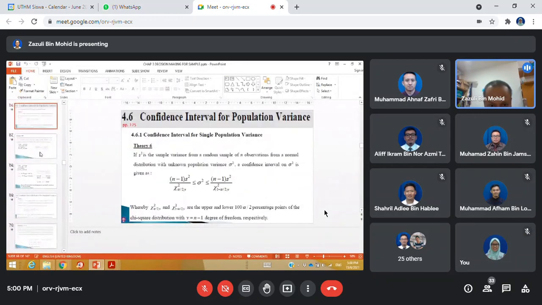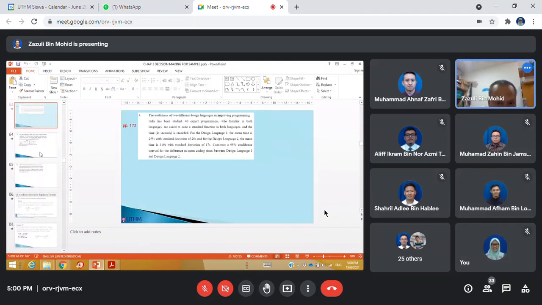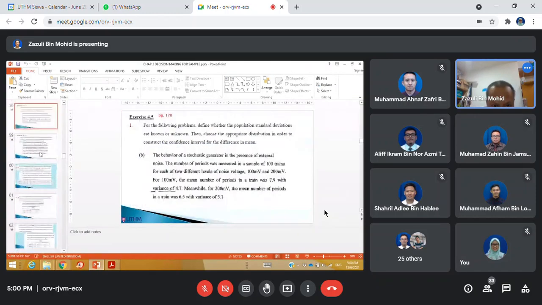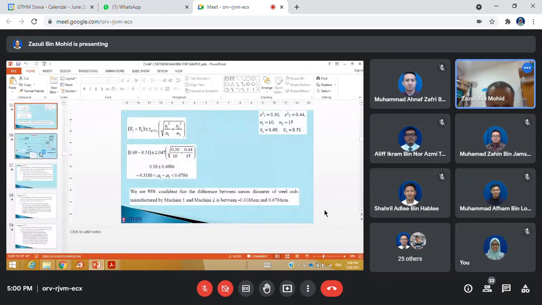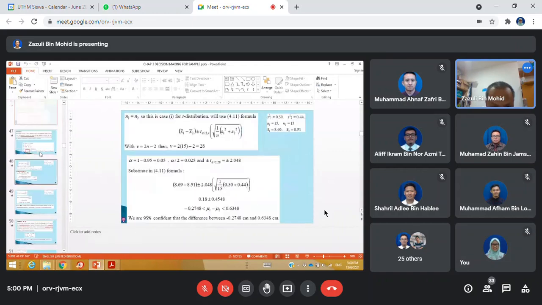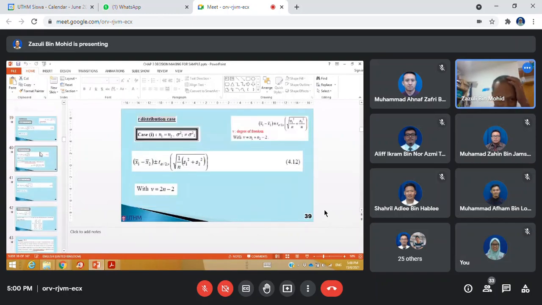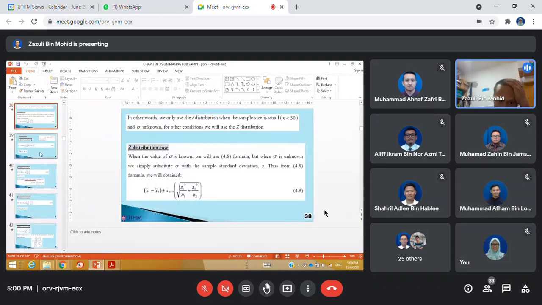You have case 1 and case 2. Okay. Now, this is the formula for calculating the interval.